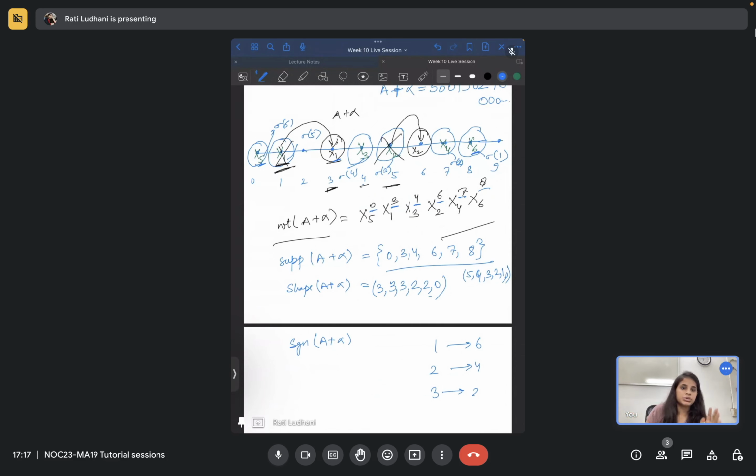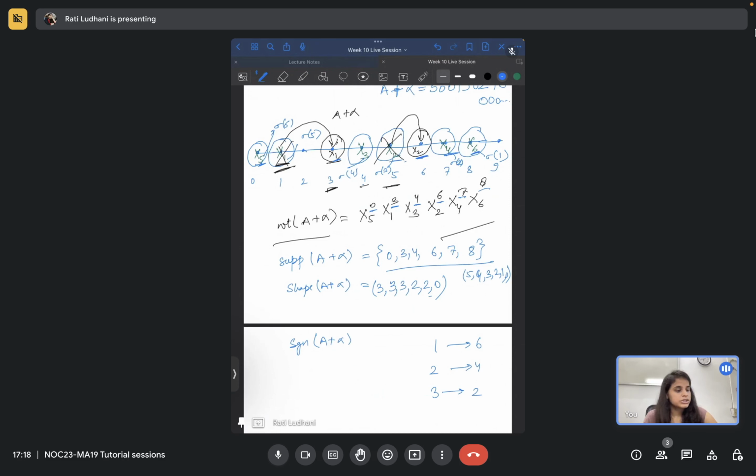Sign will get changed only if it collides. If it jumps over something, then at that position, like 3 will be at 4th number. So for example, this is your sigma 1, sigma 2, sigma 3. So 3 goes to 2, and you can see there is no overlapping, because at the previous one there was nothing.